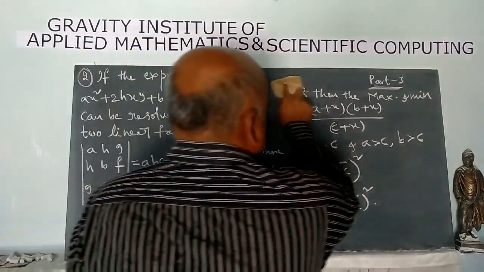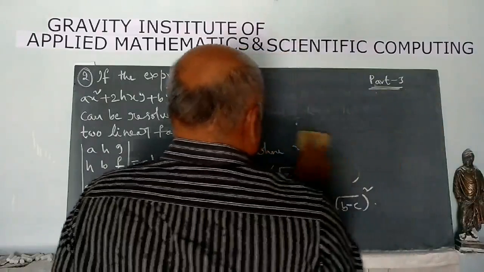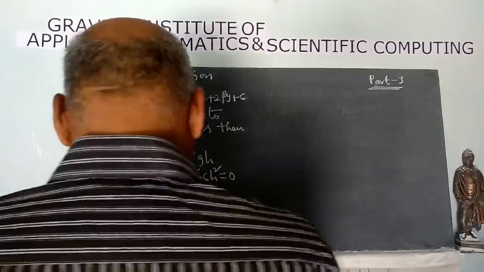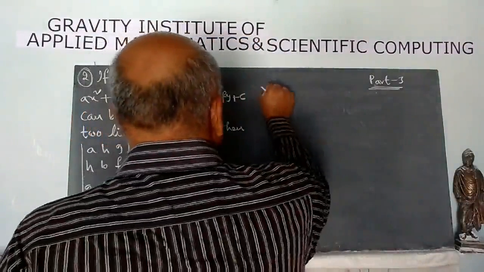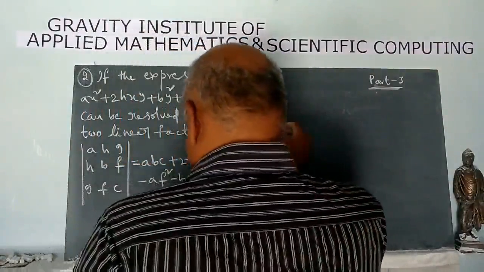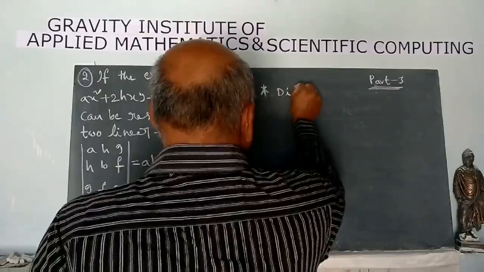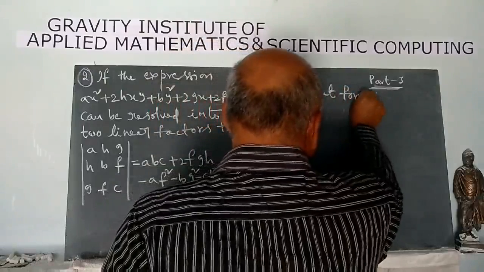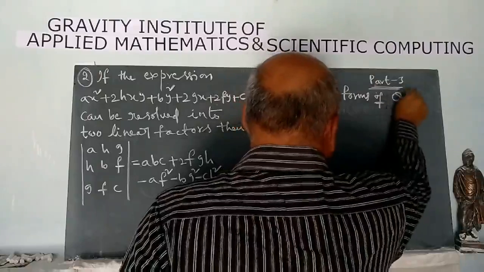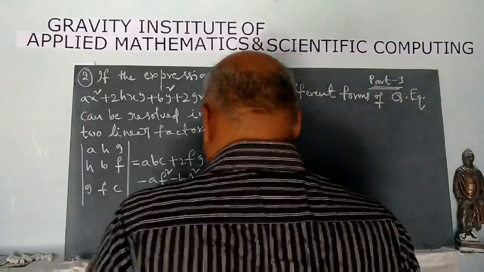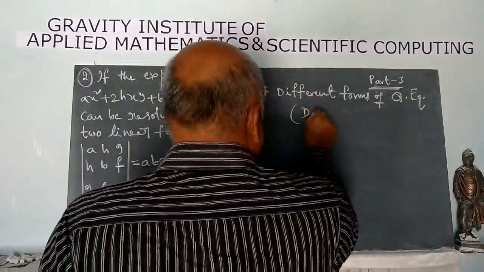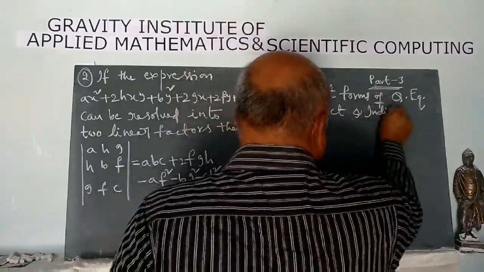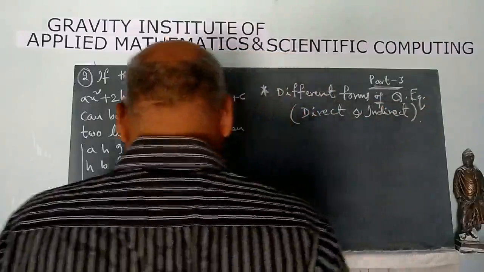Next, third important point. Different forms of quadratic equations: direct and indirect forms.